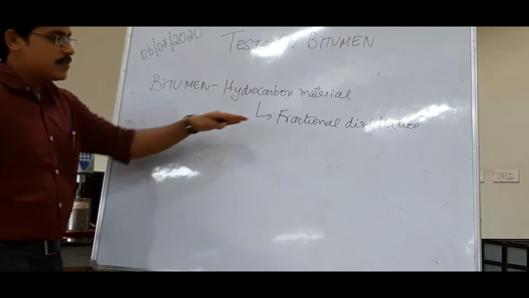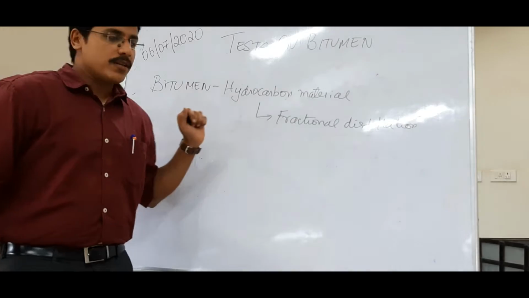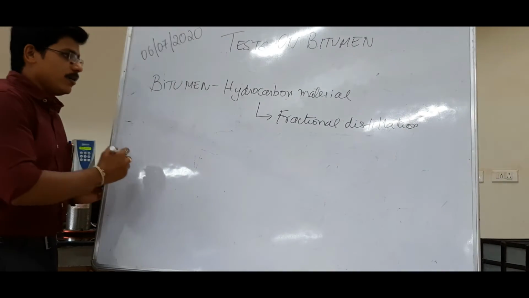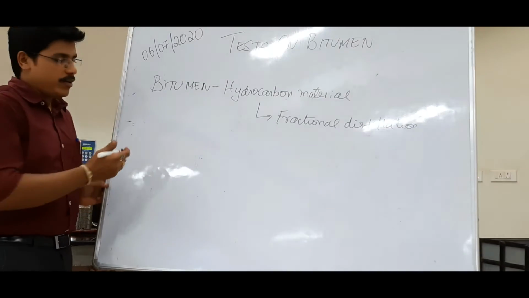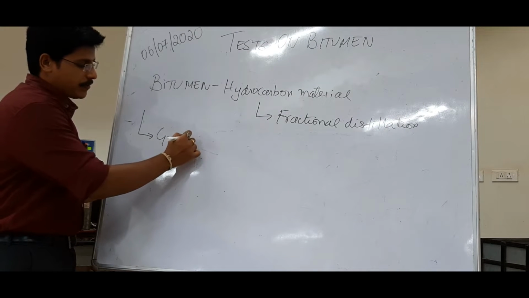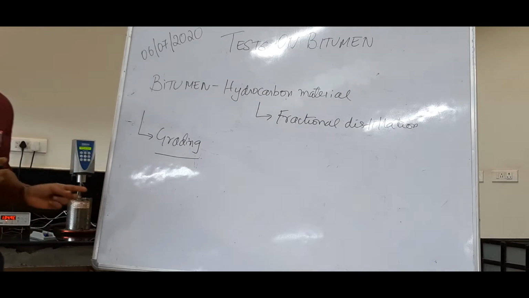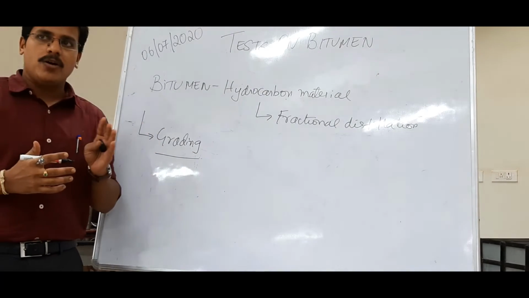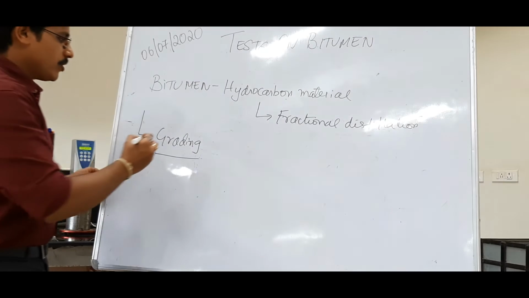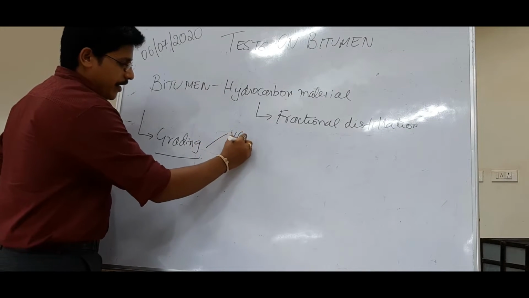By this process we get different grades of bitumen which have different properties. To know the application or the purpose of producing different bitumen, we use a method called grading. Grading is used to characterize or classify the bitumen depending on certain properties. Currently in India, viscosity grading is being used.